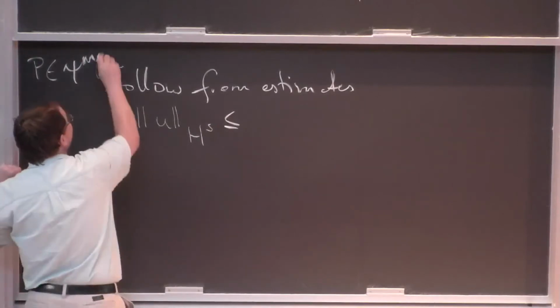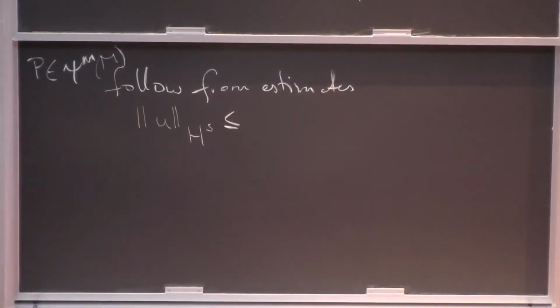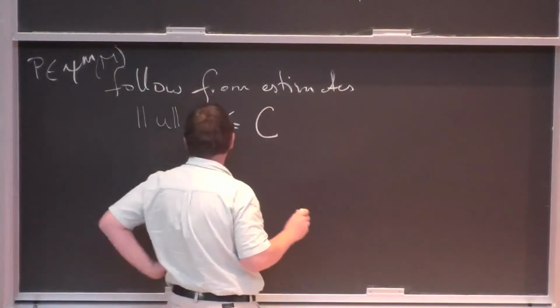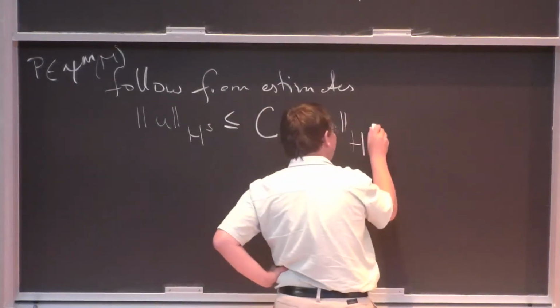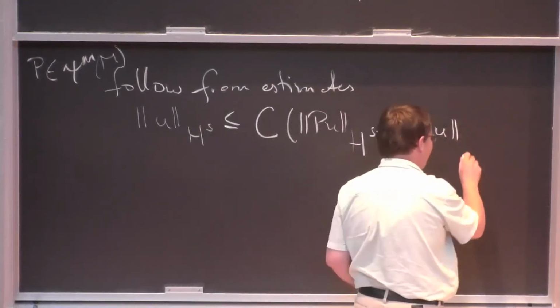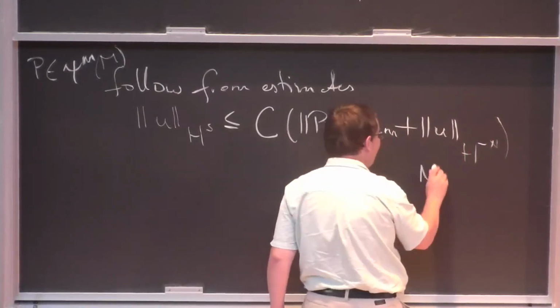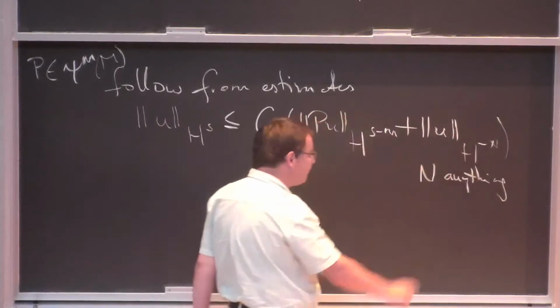And again, I'm just going to use the compact manifold version. I mean, you just add extra indices and do all the usual things otherwise. So estimates like this, that u in H^s is controlled by Pu in H^(s-m), so these are elliptic estimates, plus u in anything. So I'm going to write H^(-N), and you should think that this N is huge. It's a very negative, very weak norm.